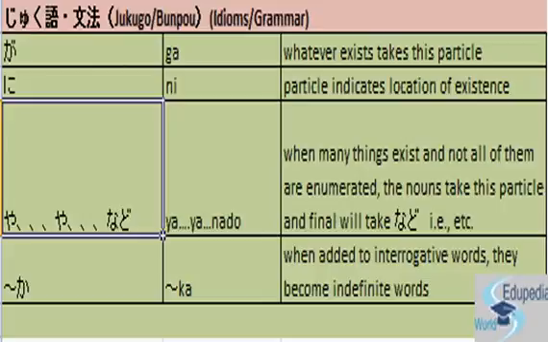For example, you have bought oranges, apples, clothes, watches in the shopping. So how do you say that using ya, ya nado?